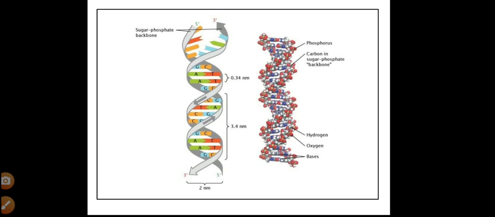Moreover, it coils around its axis, and every turn is called a pitch. Every turn has 10 base pairs, and the length of one turn is 34 angstroms. So in every turn there are 10 base pairs over a length of 34 angstroms. That means every base pair is at a distance of 3.4 angstroms.